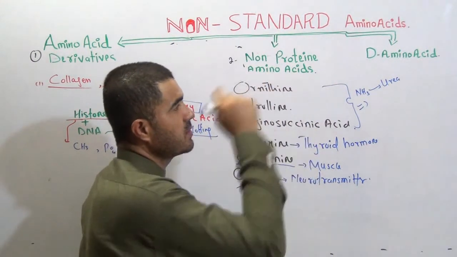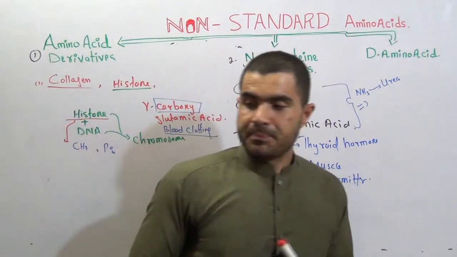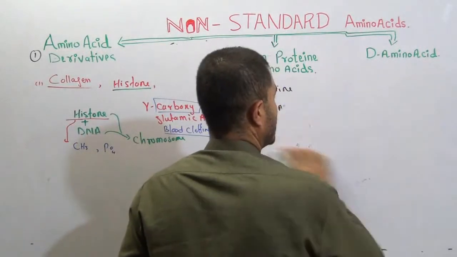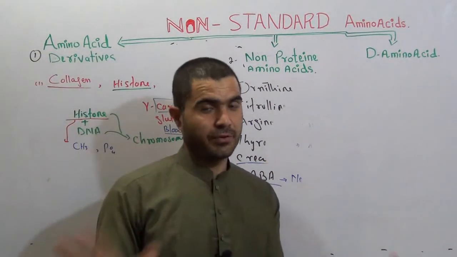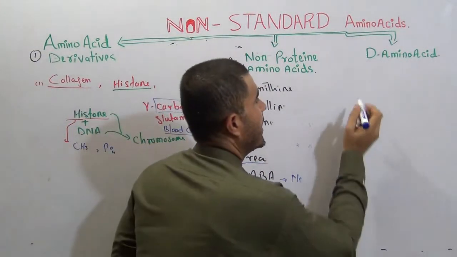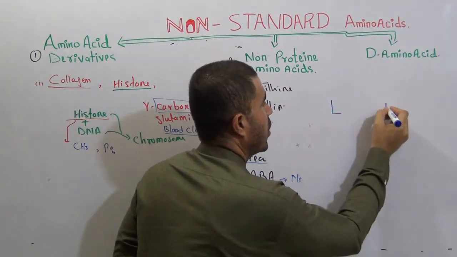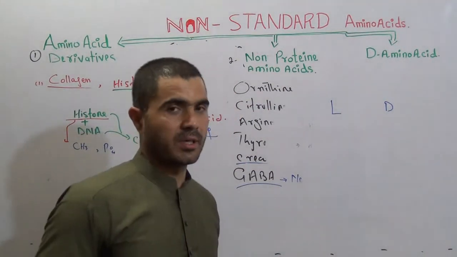And then the last one is D amino acid. In our body, if we see an amino acid from the stereochemistry point of view, we know that a molecule can be either in L form or in D form. L isomer, D isomer.